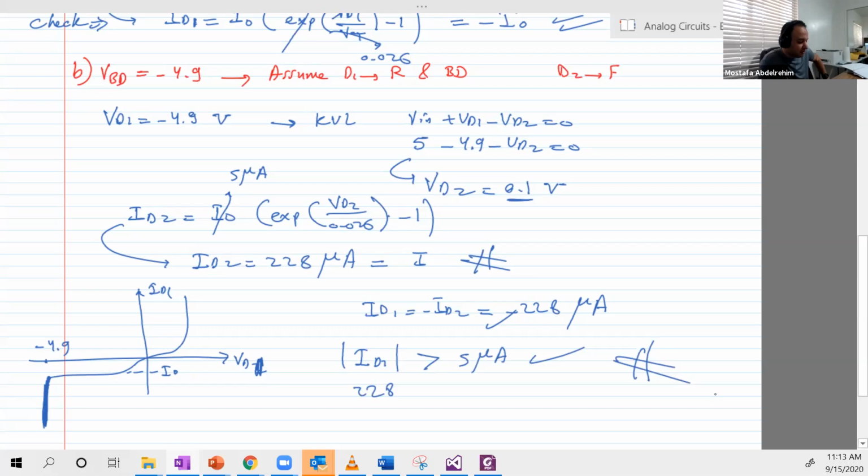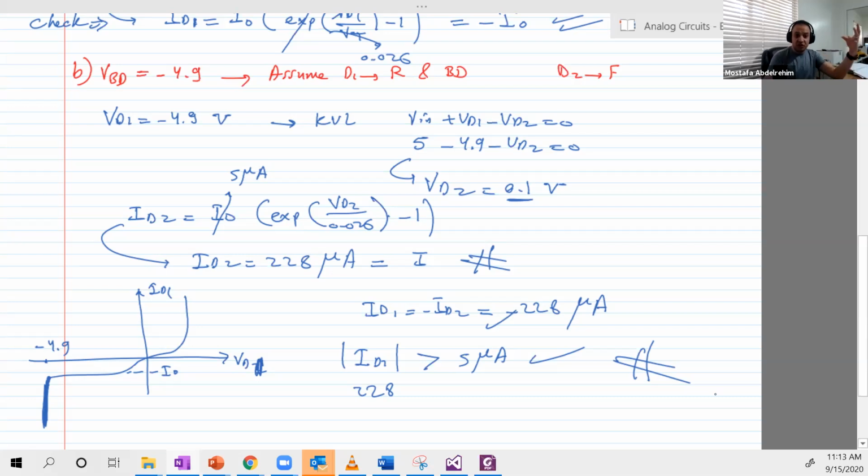So this is how to check on yourself. I did it myself here: if you assume that D1 is not in breakdown, you will find some discrepancy in the outputs that you get, then you know you will go back and it's a breakdown. So let's do that, and you will find the correct solution. Again, it's like a game.